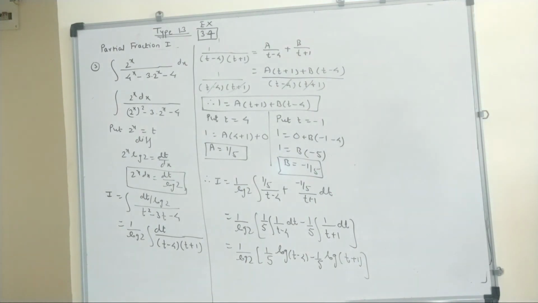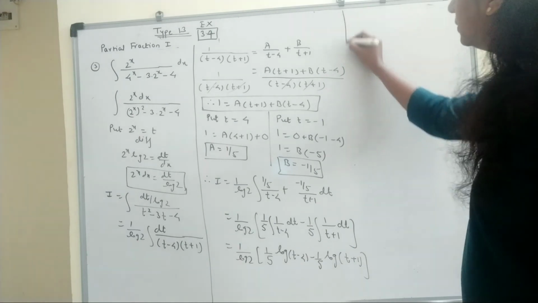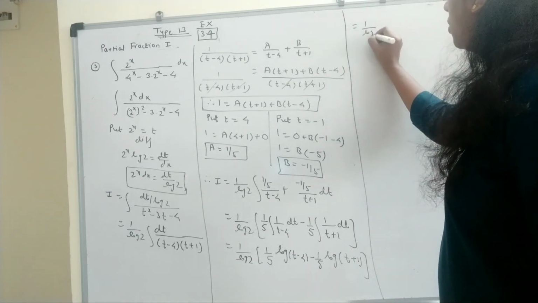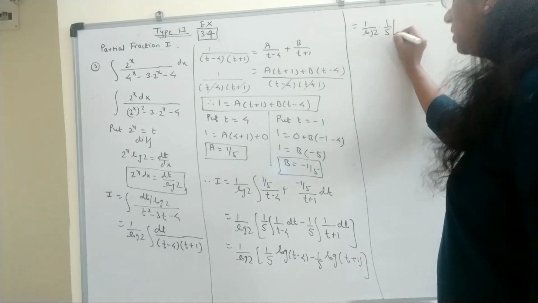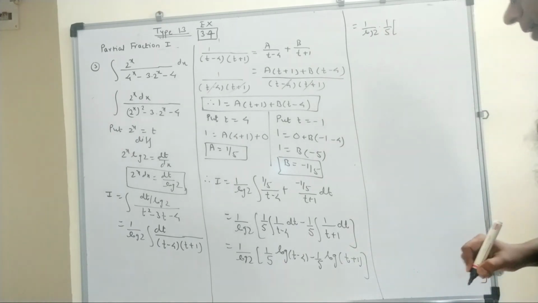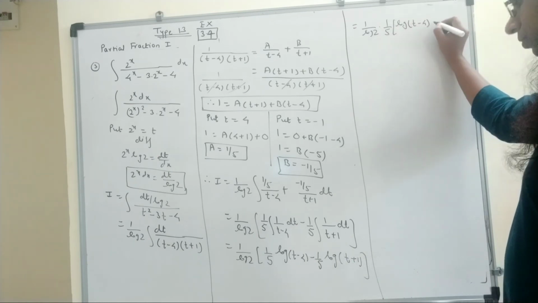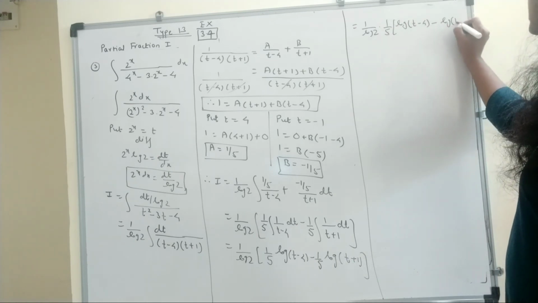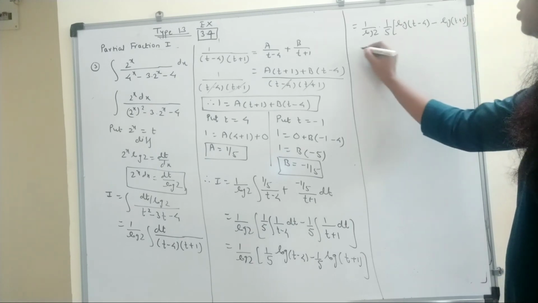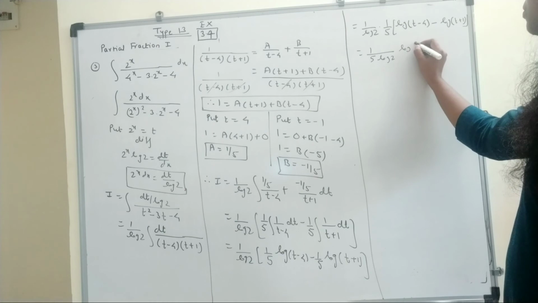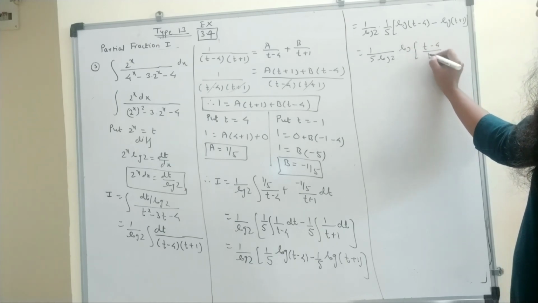In the next step, 1 upon log 2 is common, 1 upon 5 is also common. So inside bracket log of t minus 4 minus log of t plus 1. Log a minus log b is log of a upon b.